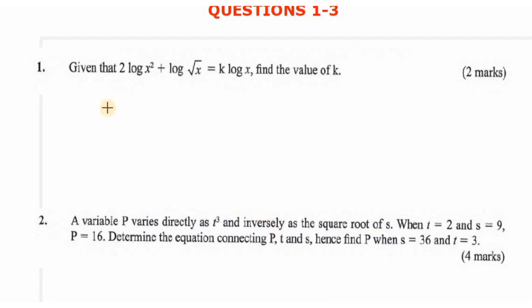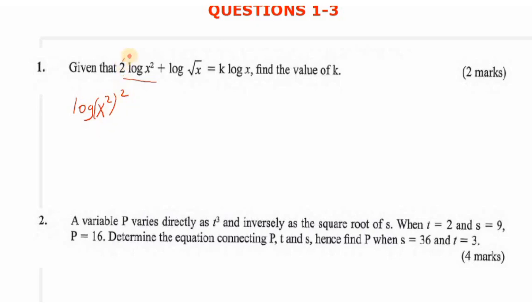So here what you're going to do, for the first part, we have twice logarithm of x squared. So that will become logarithm of x squared raised further to 2.